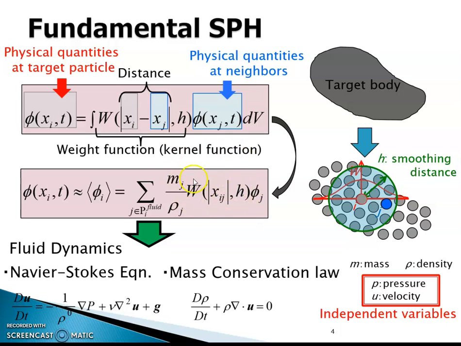The SPH integral equation can be approximated by the summation of the contributions of the neighbor particles in the support domain. This SPH approximation is applied to the governing equations such as the Navier-Stokes equation and the mass conservation law.